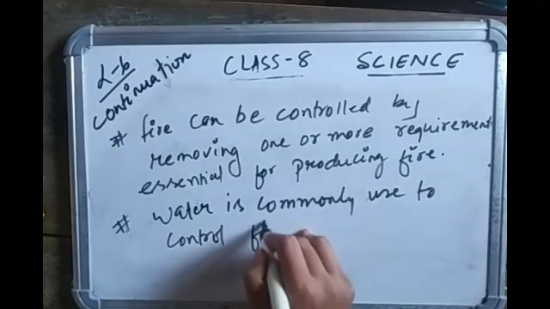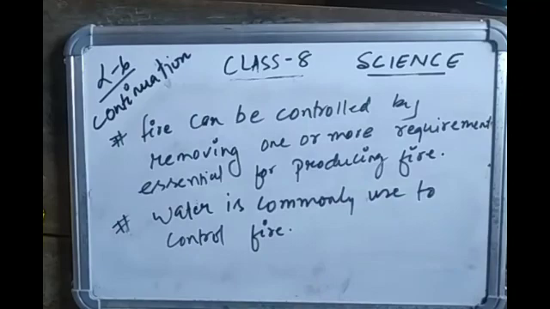But in case of electrical equipment and oil or petrol, instead of water we have to use carbon dioxide. You know, the water may conduct electricity, and since water is heavier than oil, water sinks.